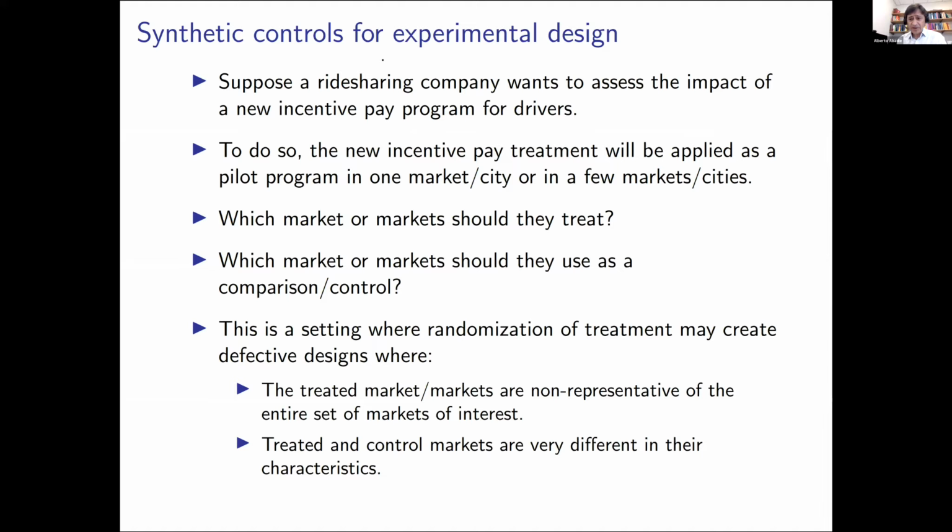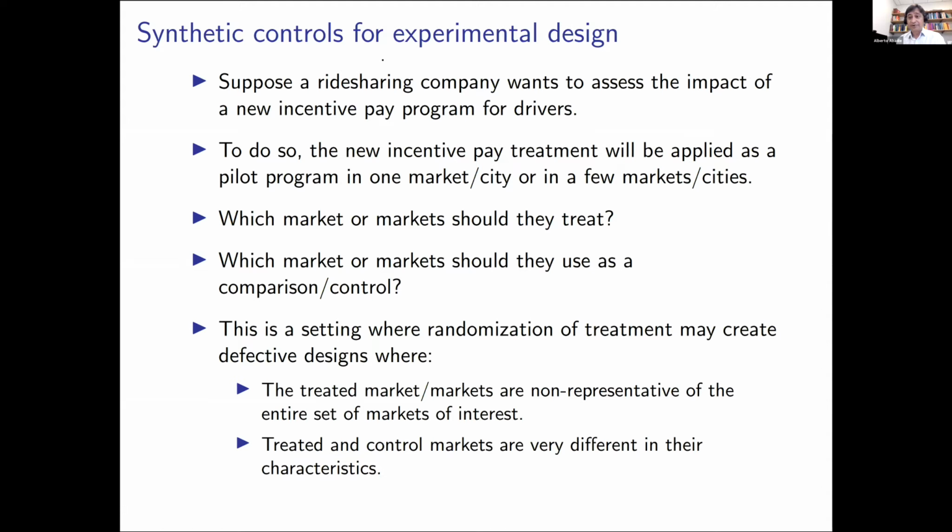So something you could do is go to a city, assign some workers to the new compensation plan and some workers to the old compensation plan, and see what happens. But as we described in the first slide, this is going to be problematic, because you have workers in the same city getting different amounts of money for the same work, and that would be considered unfair, and it is unfair.